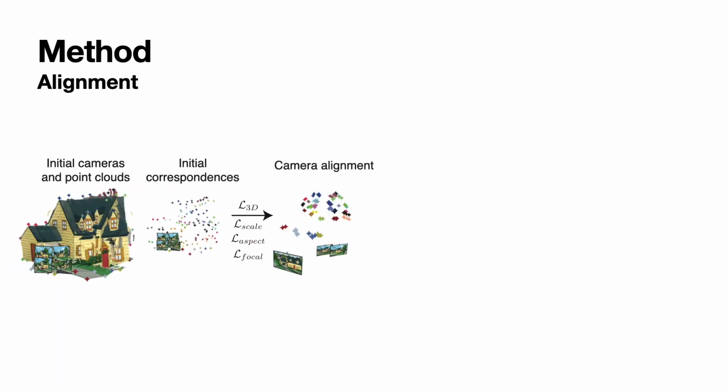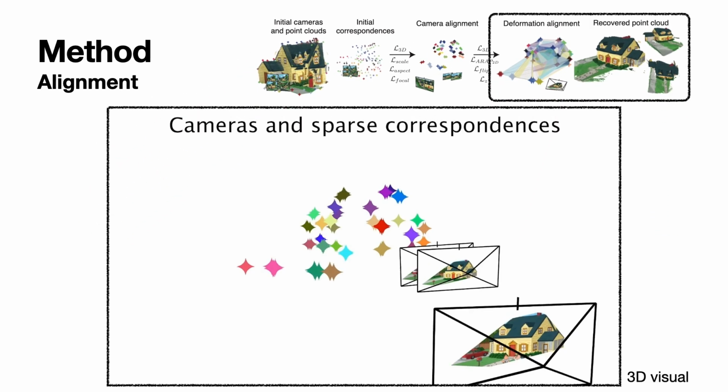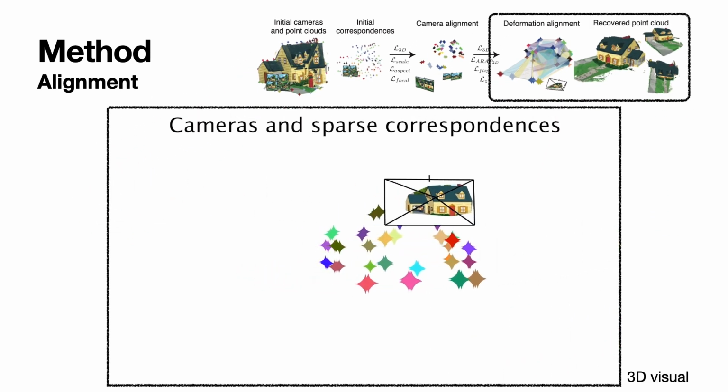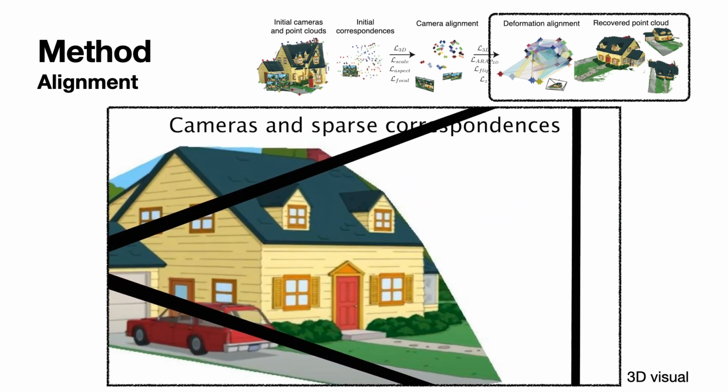Our method recovers structure by aligning labeled correspondences guided by our camera alignment and deformation alignment losses. Here is a visual where we show various parts of the optimization, starting from 3D points and a sparse mesh and ending with refined Gaussians.